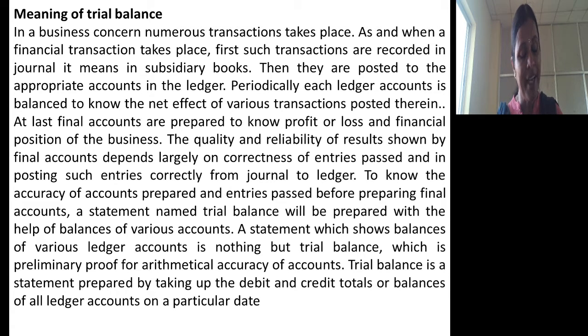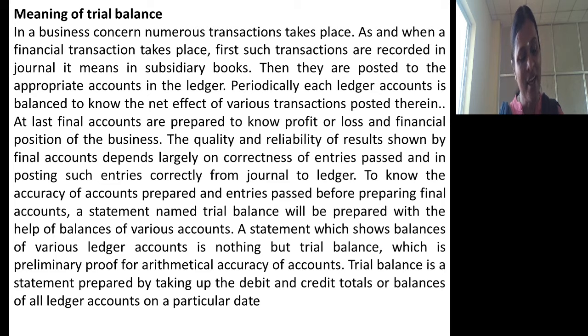The final accounts we prepare at the end of an accounting year are the trading and profit and loss account and balance sheet, and their quality and reliability depends largely on how correct you are while posting entries from journal to ledger. That's why, to know the accuracy of accounts prepared and entries passed before preparing final accounts, a statement named trial balance will be prepared with the help of balances of various accounts.